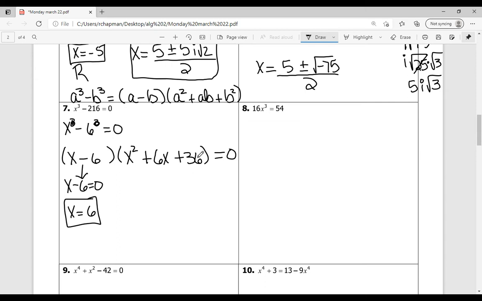I've got to do my quadratic formula again. So A is 1, B is 6, C is 36, and that's going to give me my last 2 answers. Every time you do the quadratic formula, it produces 2 answers. Whether they're real or not depends on what the radical is. So x equals, and put all my parentheses in, because I wrote the formula for you in the previous example.